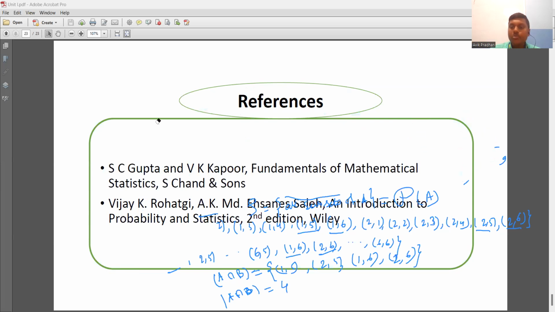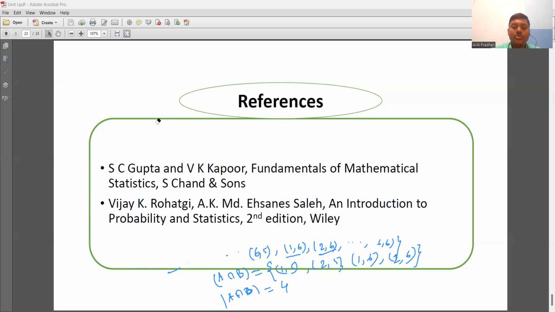And the other book is Rohatgi and Saleh, An Introduction to Probability and Statistics, published by Wiley. So these two books are mainly followed to prepare the content of these lectures.